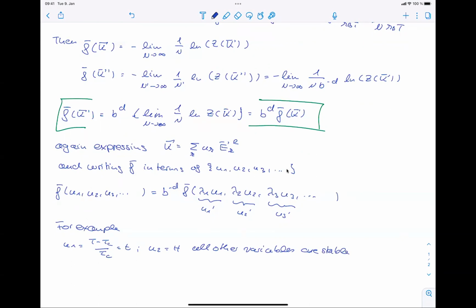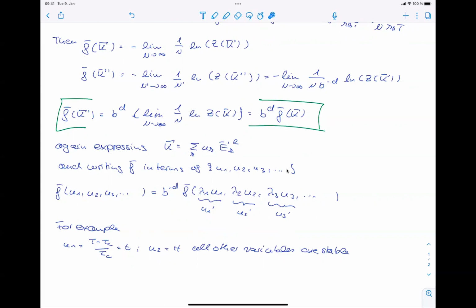Since most of the time for now we care about the magnetic system, I will aim to improve nomenclature by referring to U1 as T and U2 as H. That makes it easier to distinguish which direction or variable we're looking at. But this is not a loss of generality, this being true for any RG transformation, since we didn't specialize it.